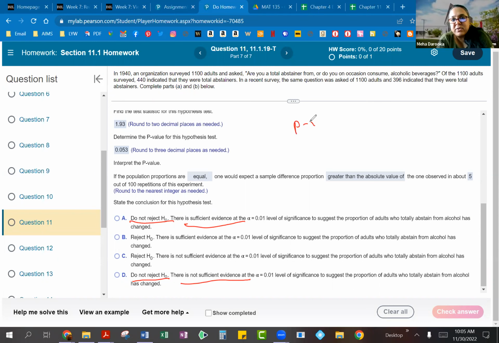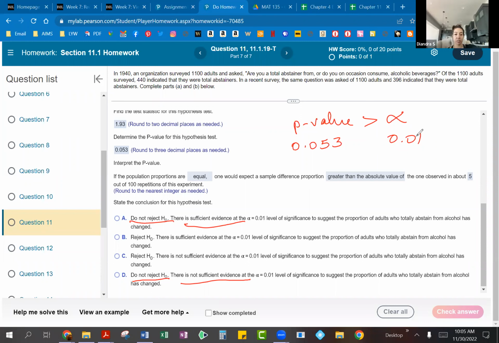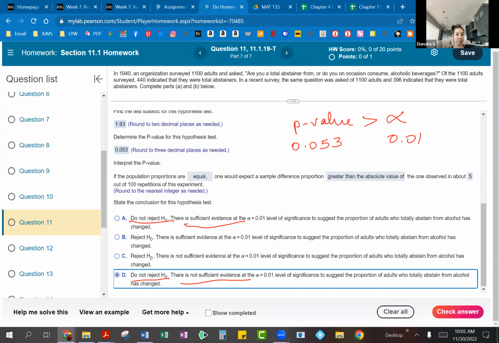Because your p-value was greater than your alpha, since we have 0.053 and alpha was just 0.01. So the idea is, do we say there is sufficient evidence or there is not sufficient evidence? And Deandra, did you say not sufficient or sufficient? Not sufficient. Do not reject because there's not sufficient, right?